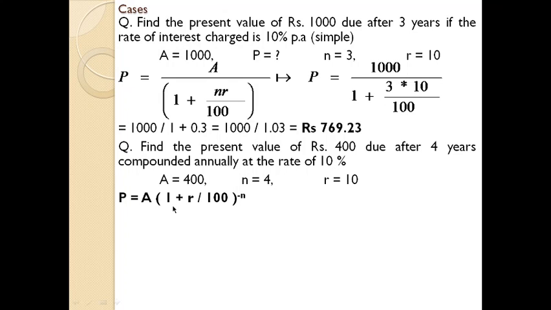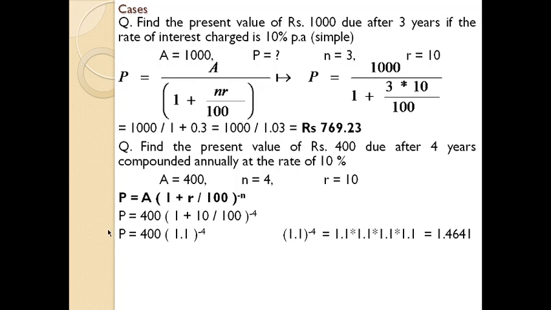Substituting the same in this equation, you will get P equal to 400 into 1 plus 10 by 100 raised to minus 4. By solving that, you will get P equal to 400 into 1.1 raised to minus 4. 1.1 raised to 4 means the same number multiplied 4 times, so 1.1 into 1.1 into 1.1 into 1.1 gives 1.4641. And for 1.1 raised to minus 4, the concept is you need to divide 1 by the same value.